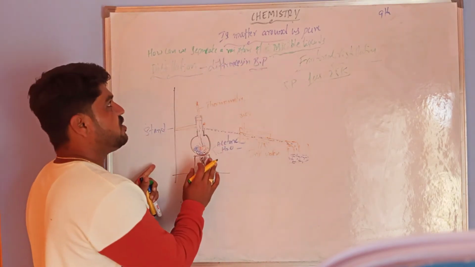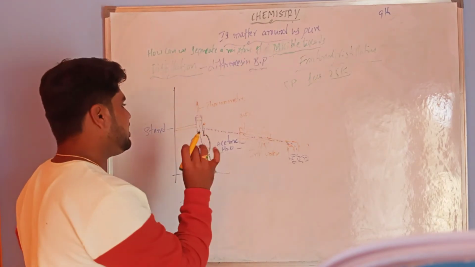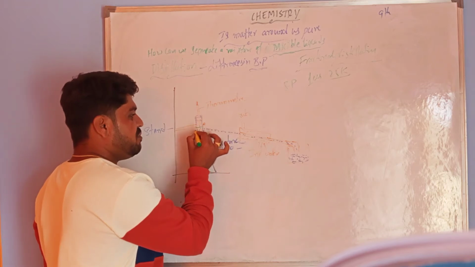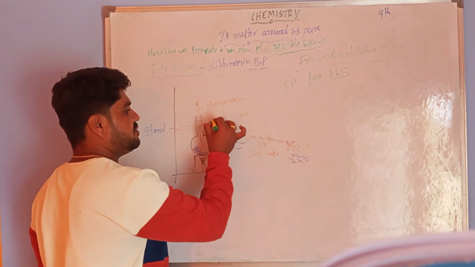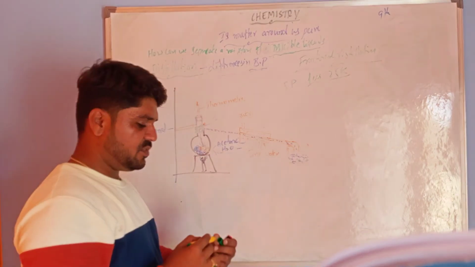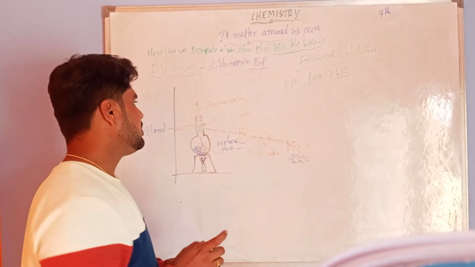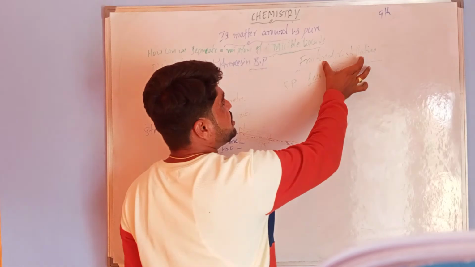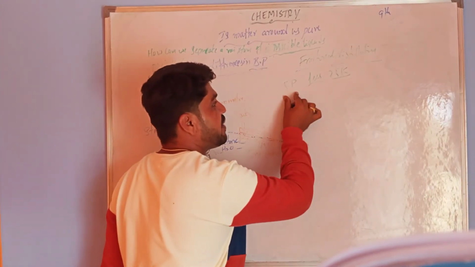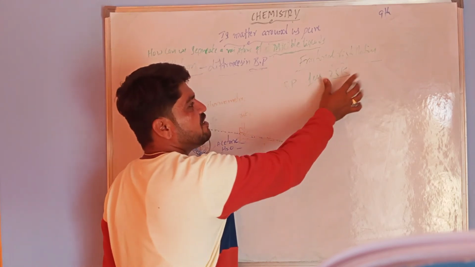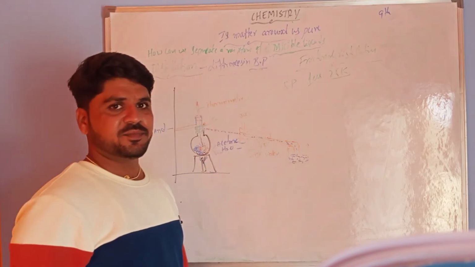The apparatus is similar to the distillation process, but one more thing is used, the fractionating column. Just observe in your textbook, page number 22. For what type of mixtures do we use fractional distillation? Those whose boiling points differ by less than 25 Kelvin.